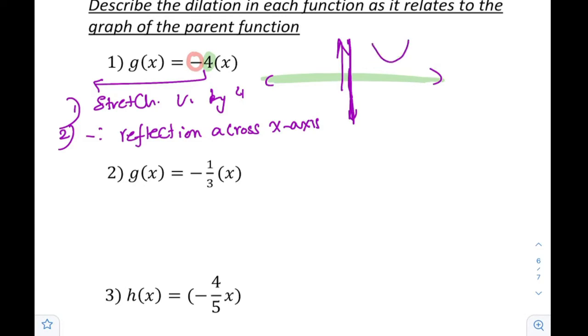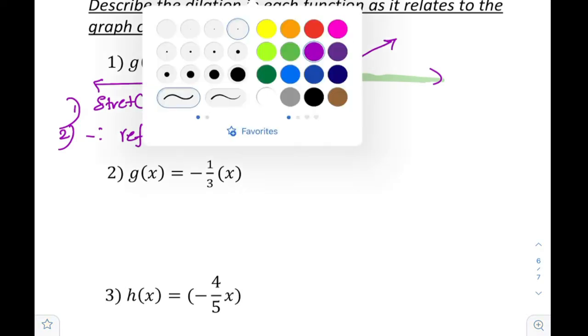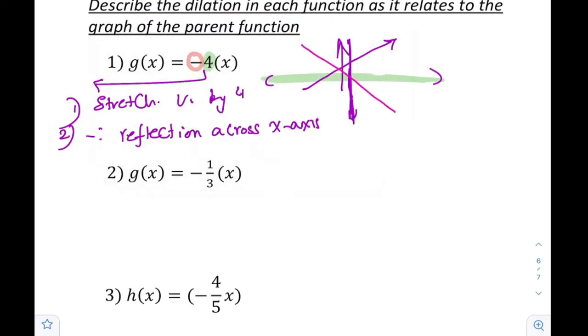The function, instead of being up, for example, will be reflected down, for all types of function. But now we are talking about linear functions. So if the function was looking like that, it will be reflected and become like this across the x-axis. So this is the meaning of reflection. So again, if the minus is outside, then the reflection will be across the x-axis.